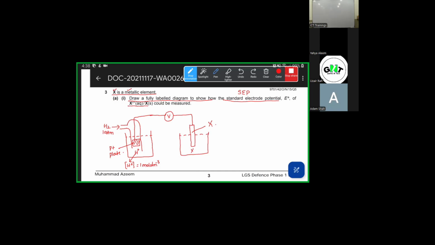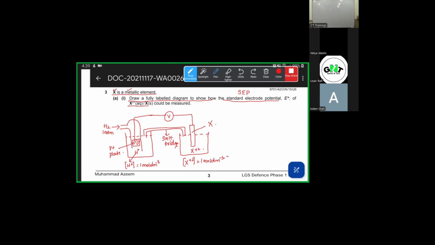The concentration of X plus 2 ions is 1 mole per dm cube. Now you should join these two solutions by putting a salt bridge in between. So this, my dear students, is the salt bridge. Now this whole cell made is called the SEP. Did you get it?